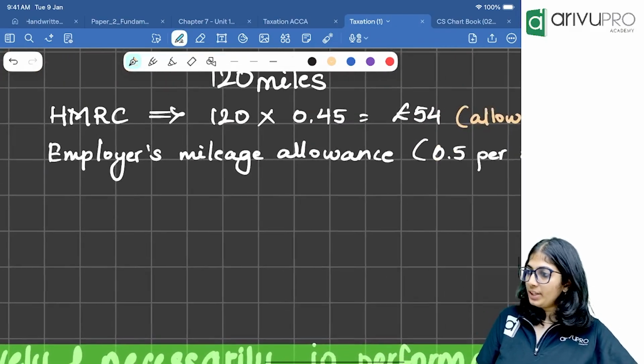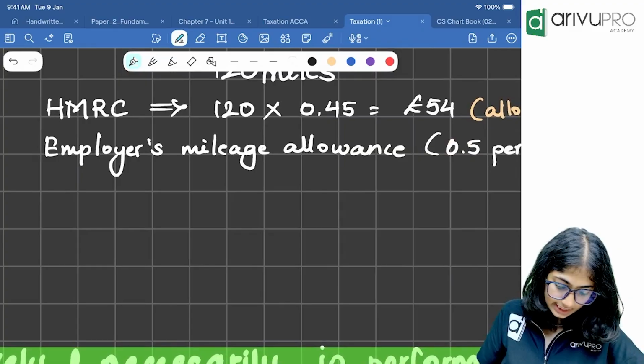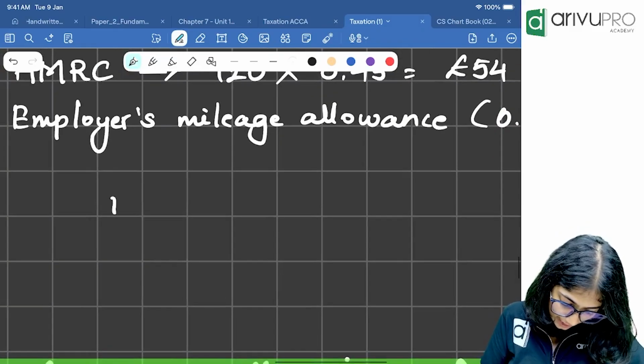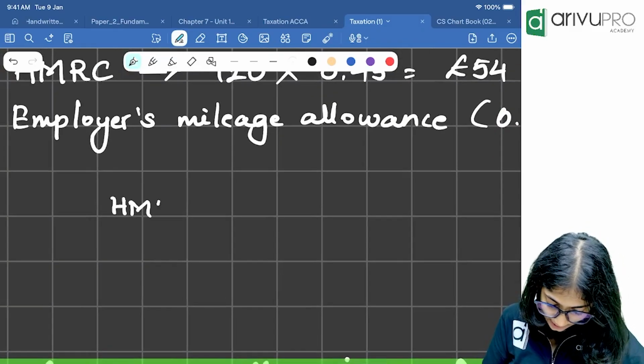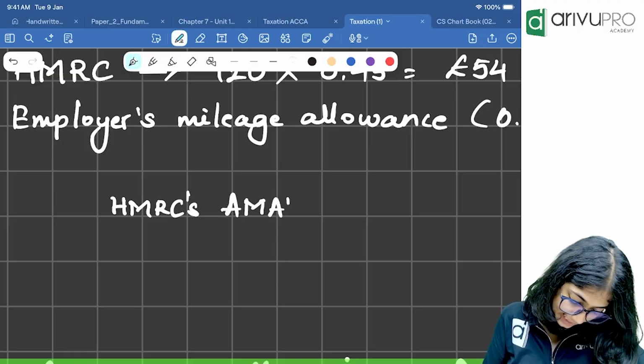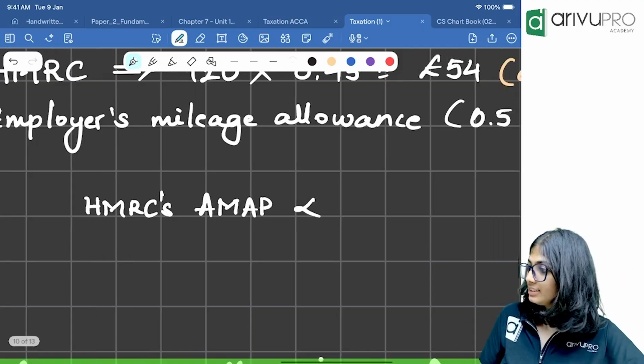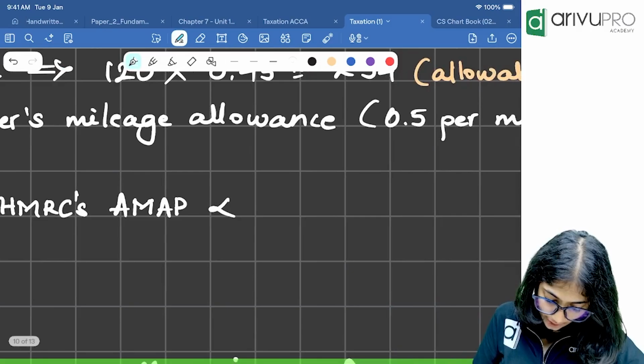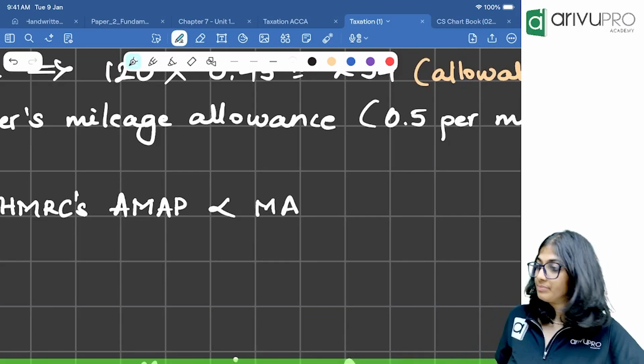What's going to happen here? HMRC's AMAP is less than the employer's mileage allowance.